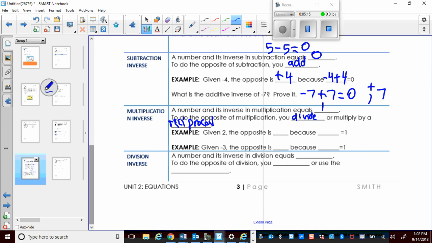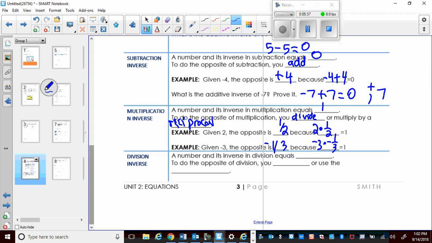Given 2, the opposite is 1 over 2, because 2 times 1 over 2 equals 1. Given -3, the opposite is negative 1 over 3, because -3 times negative 1 over 3 equals 1.